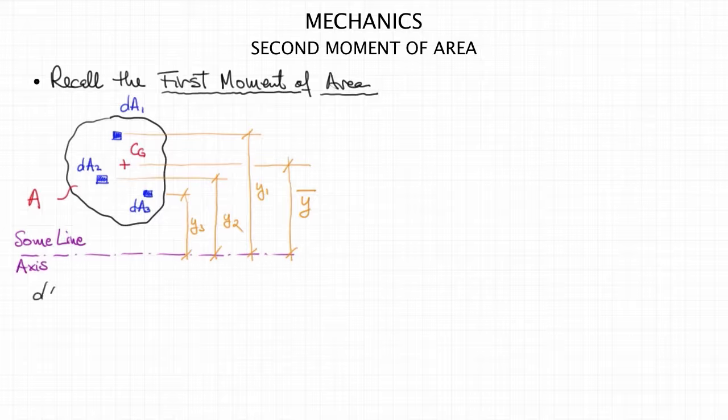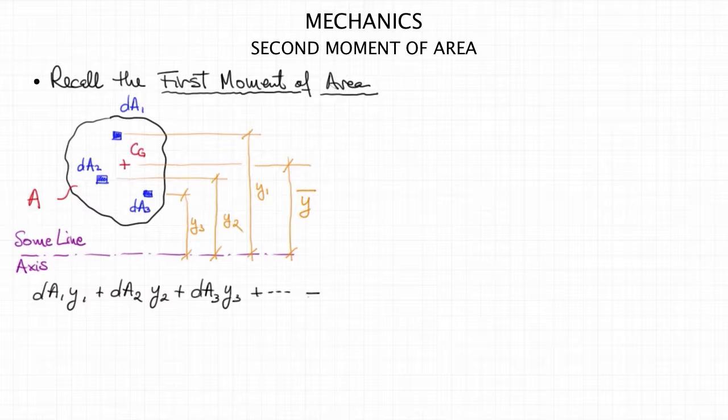So in other words, we were writing an equation in this format: dA1 y1 plus dA2 y2 plus dA3 y3 plus many other terms like that equals A times y bar.